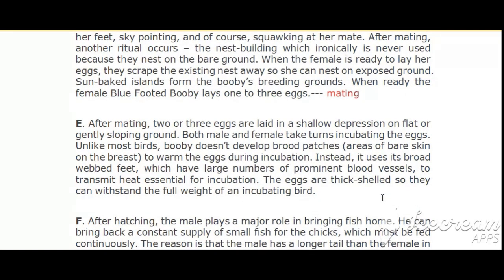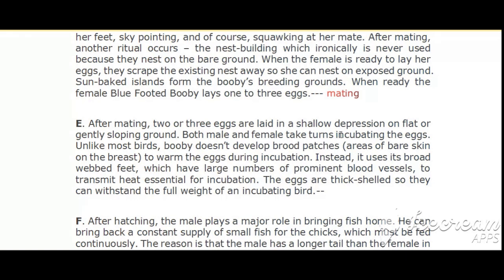the fifth one, the next paragraph after mating. So from here we also get a clue that the last paragraph is all about mating. Two or three eggs are laid in a shallow depression on flat or gently sloping ground. Both male and female take turns incubating the eggs.